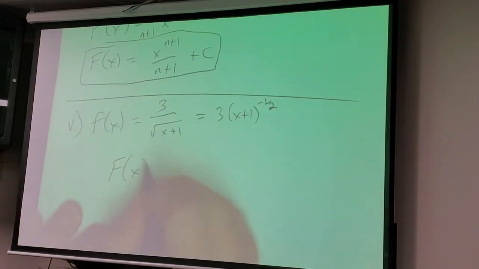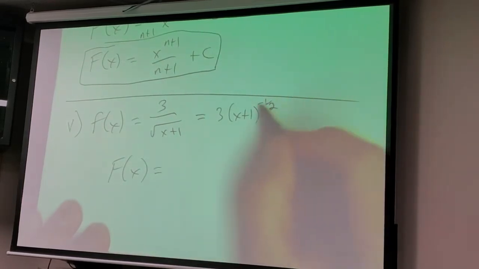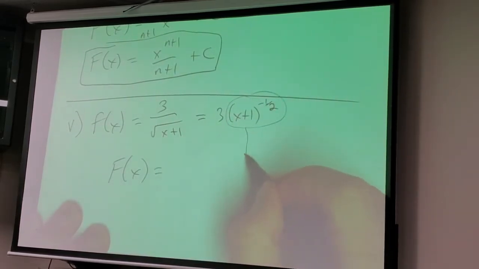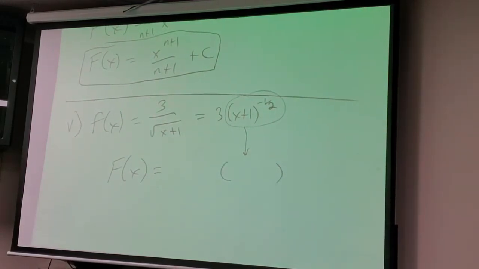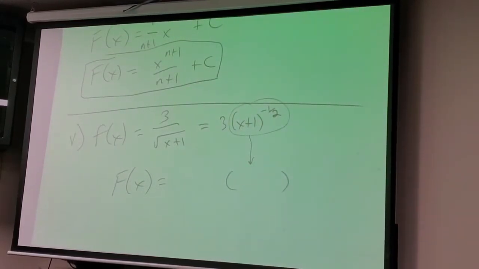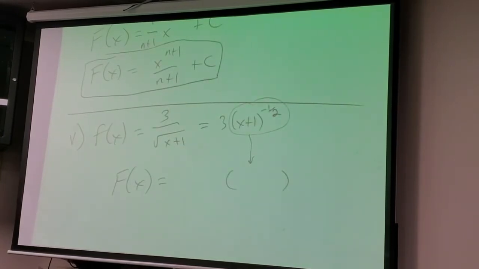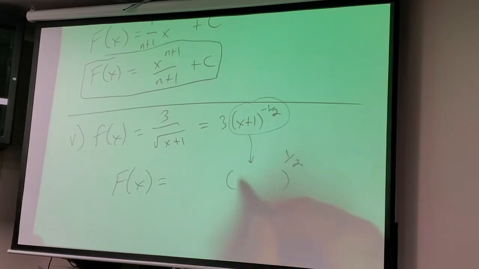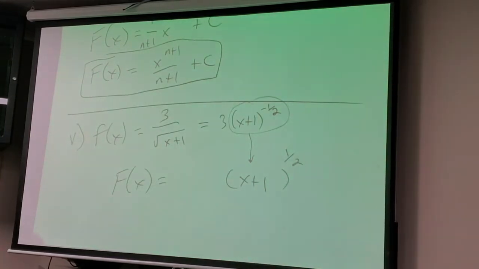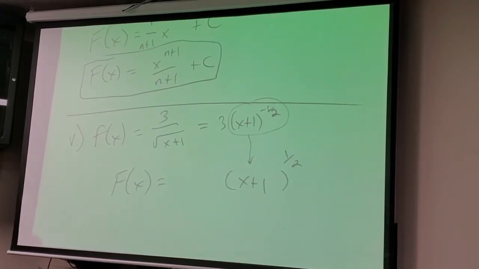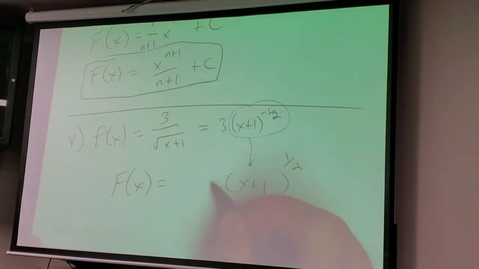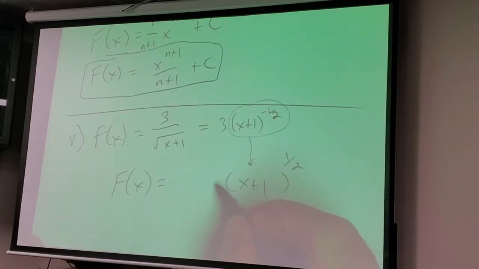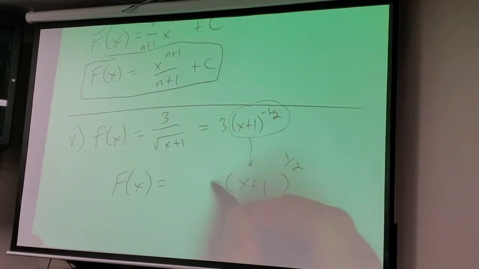So what do you guys think about this then? What would happen to this? Where would it have come from? It's to a power, so it's got to be relatively easy. The power would have been 1/2. So what must have been out front then to kill the 1/2 that would have come down?